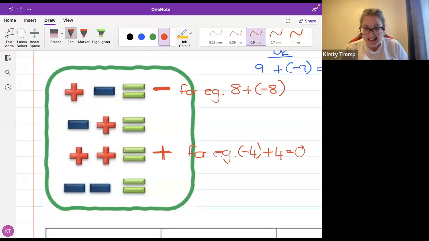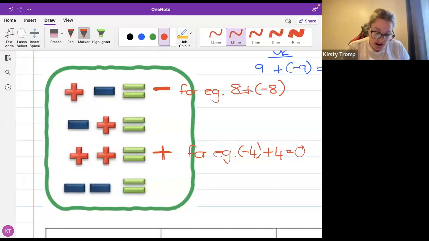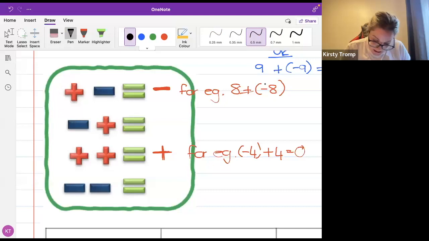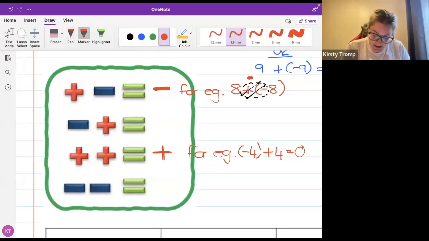Well, when I see the plus and the minus next to each other, they're going to cancel each other out, and I'm going to be left with a negative number. So I'm going to be left with 8 minus 8, which will give me 0.